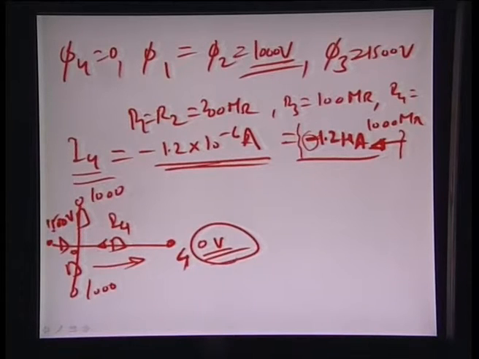Therefore, the minus sign indicates that the current is flowing outward towards the reservoir 4 from the junction O. Okay. That is one issue about this electrokinetic circuit.